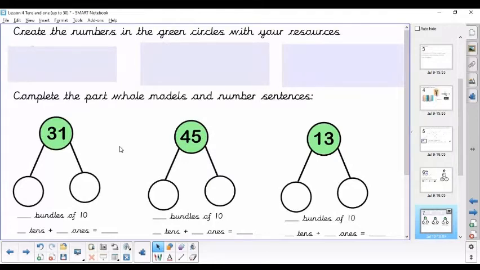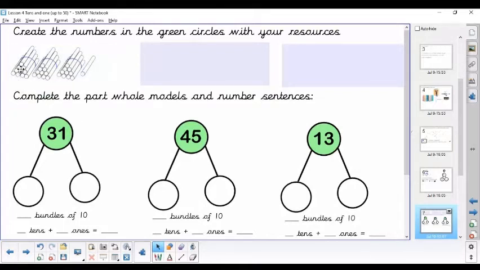Create the numbers in the green circles with your resources, whether it's straws or beads or Dean's blocks. Pause the video. We'll do the first one here. Okay, so I've asked you to create numbers in the green circles using your resources. Now I used paper straws, and this is what mine looked like.